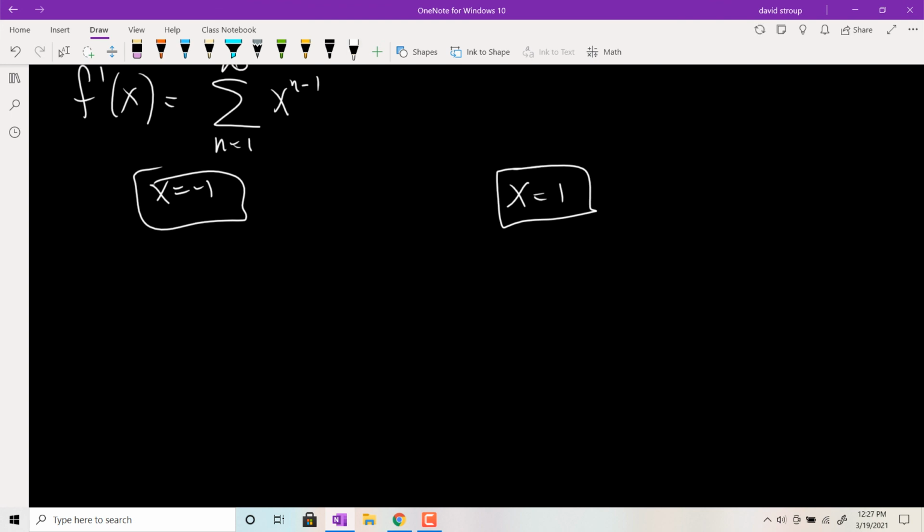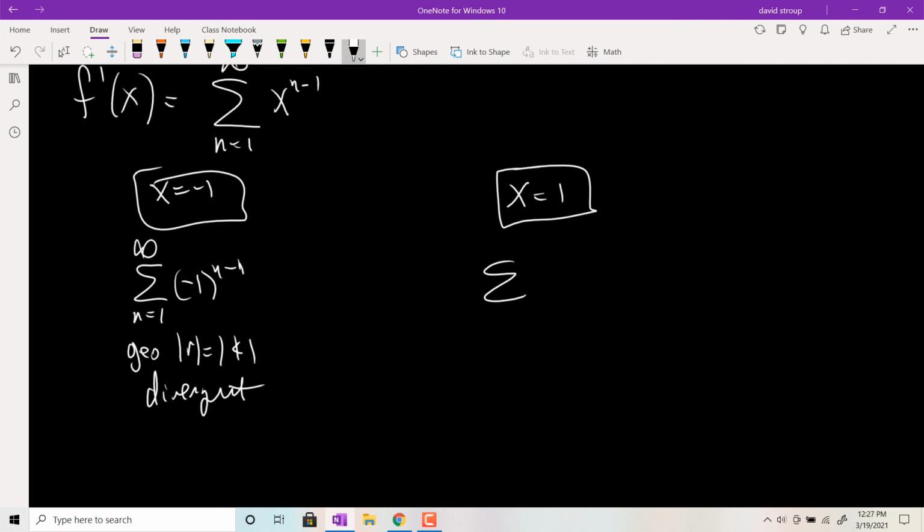So we have the first guy, the sum of negative 1 to the n minus 1 from n equals 1 to infinity. It doesn't look like it, but it's geometric, with the absolute value of r equaling 1, which is not less than 1, so it's divergent.